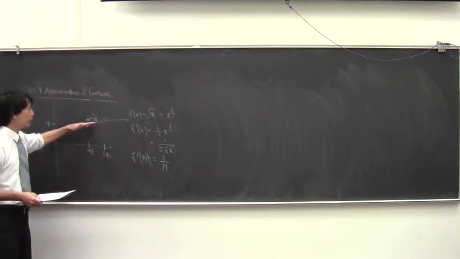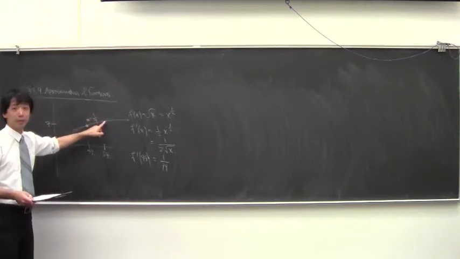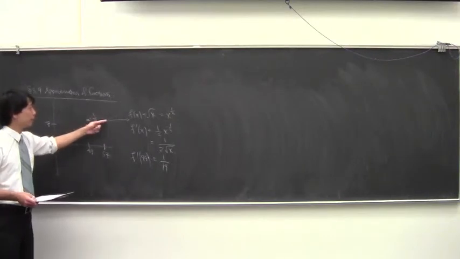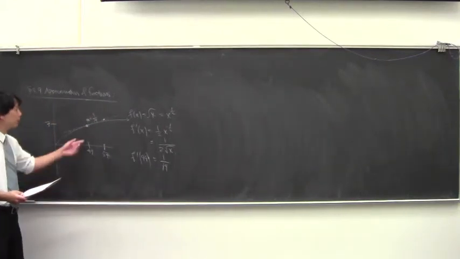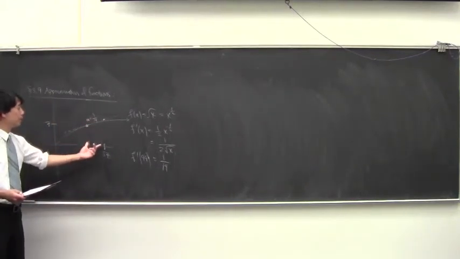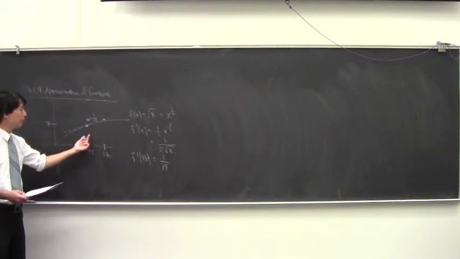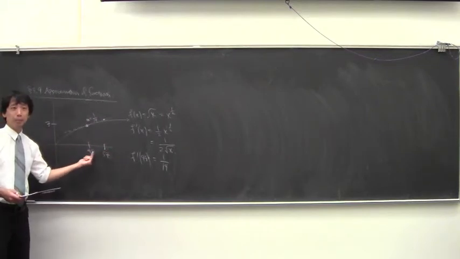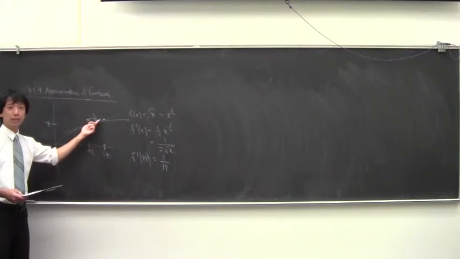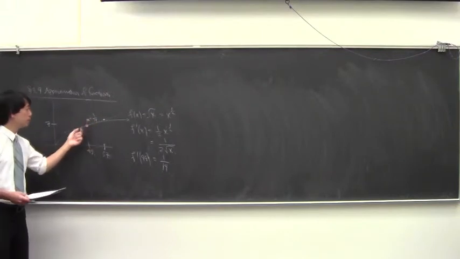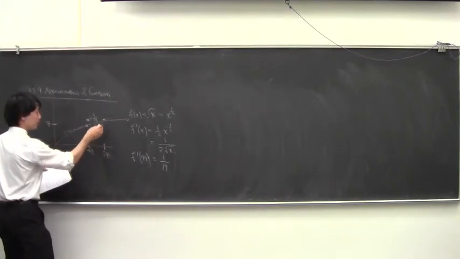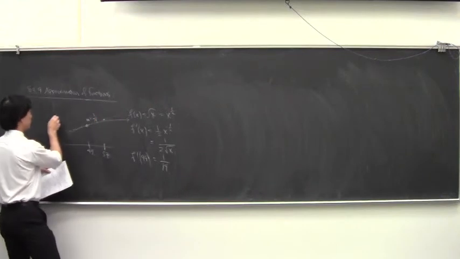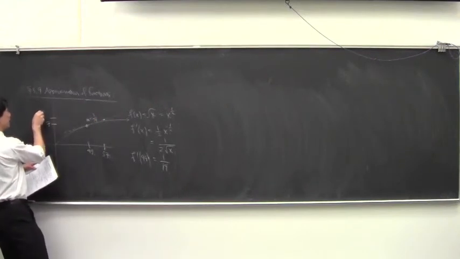And so you say, okay, I don't know the actual value of the square root of 57, but it's not difficult for me to figure out the value of the tangent line at 57. What's going to be the value of the tangent line at 57? Well, I'm stepping over 8 steps, and my slope is 1/14. So my original height was 7, I'm stepping over 8 steps, and my height here is going to be 7 and 8/14.